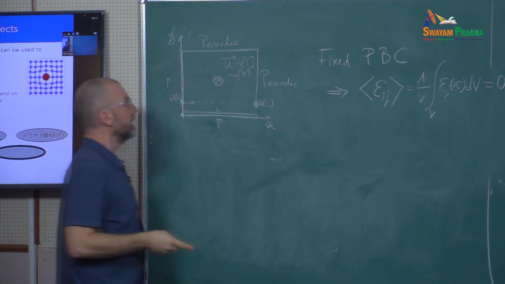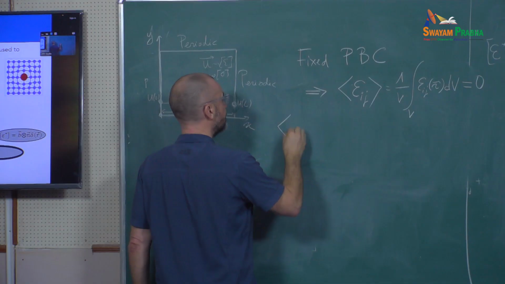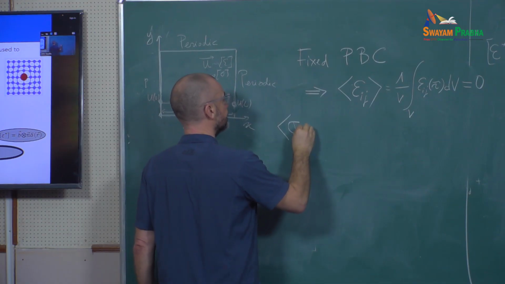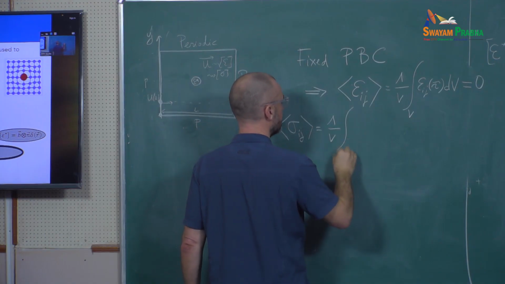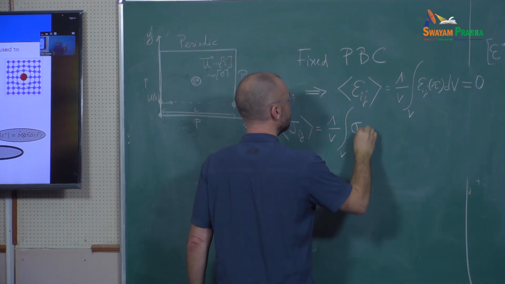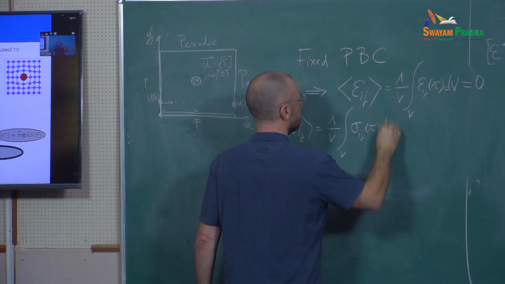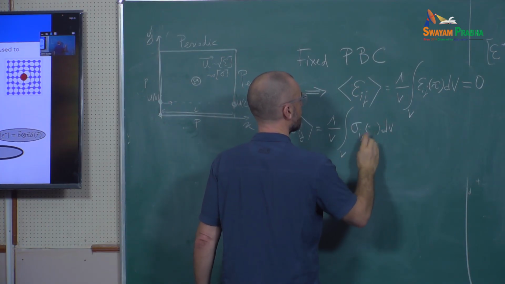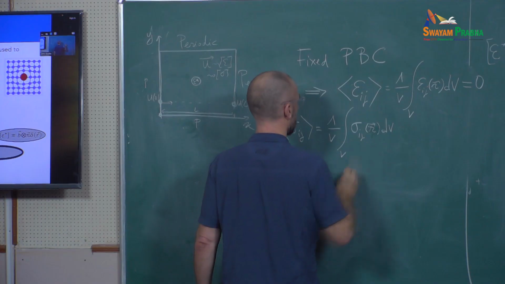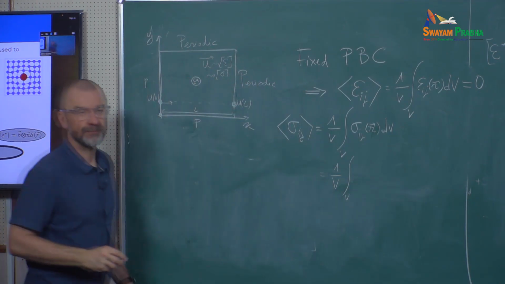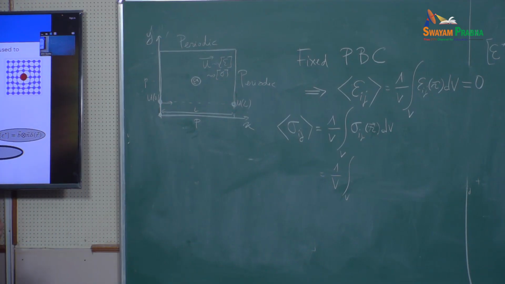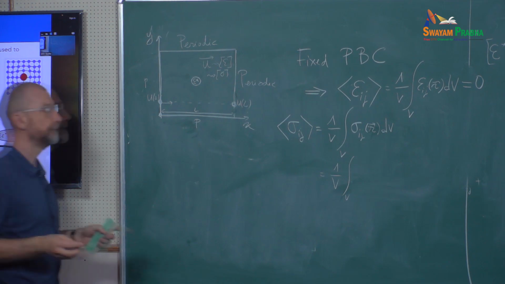Okay, now what about the average stress tensor? Same expression: 1 over V, integral over V of sigma ij of R dV. By definition of the stress, what is sigma ij?